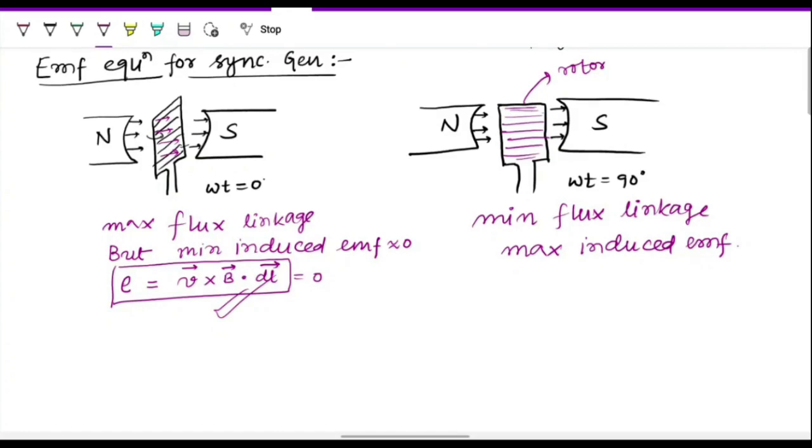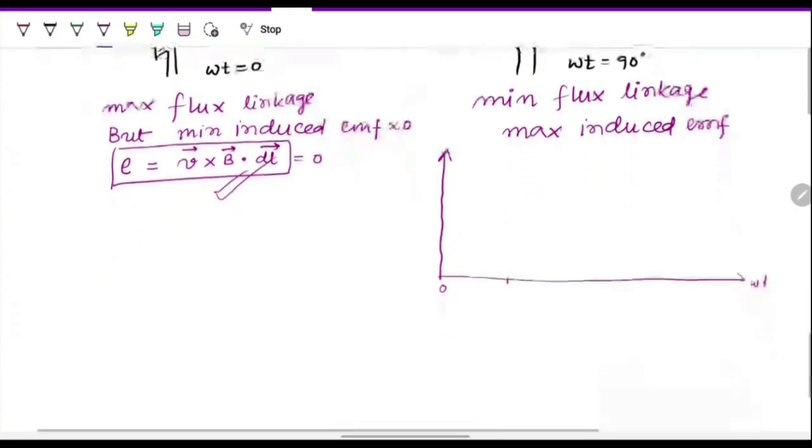So on drawing the nature of the flux linkage on a graph, here omega t will be equal to 0 degree, 90 degree, 180 degree.